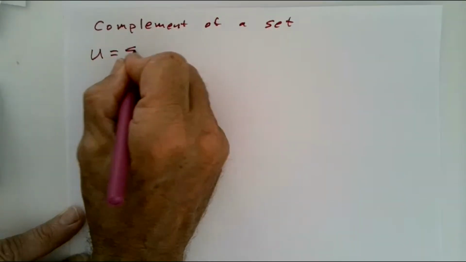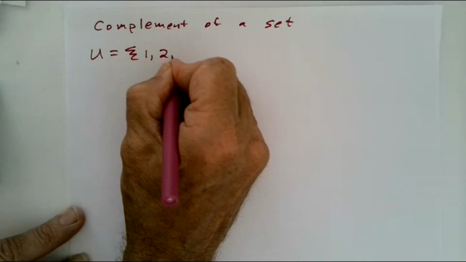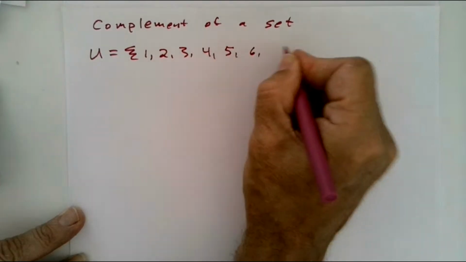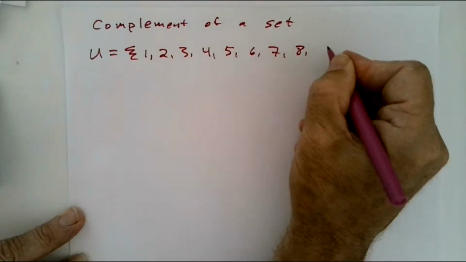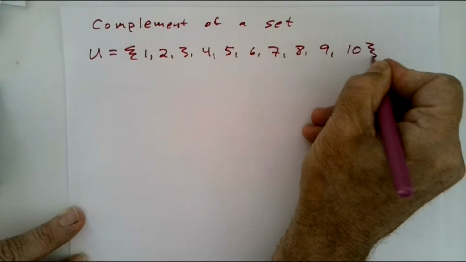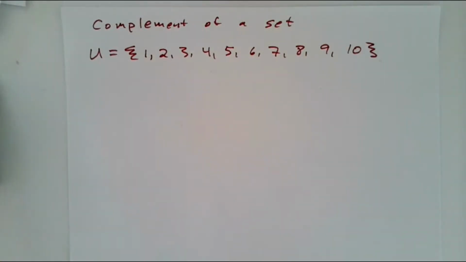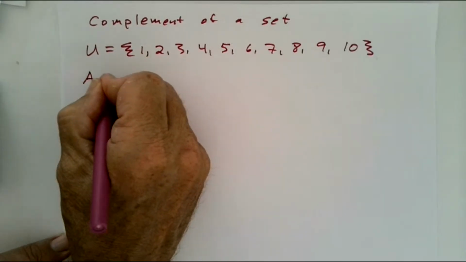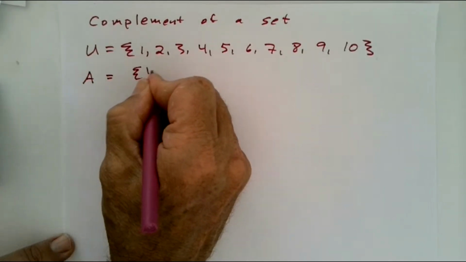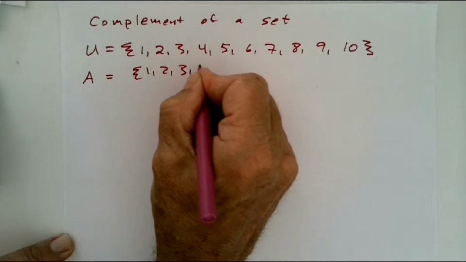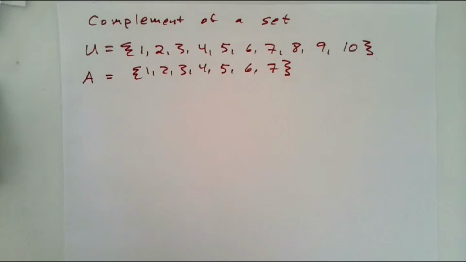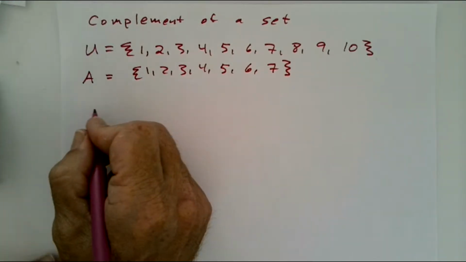Again, the numbers we're considering, the items we're considering. In math, no surprise, a lot of times we like sets of numbers. So my set U is the numbers 1 through 10. My set A is 1 through 7. And I want to know, what is the complement of A?